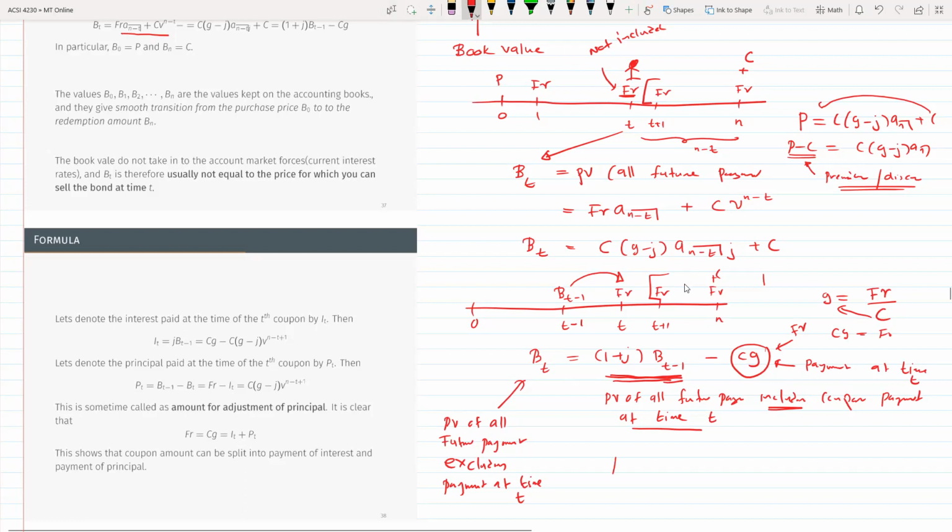In particular, at time 0, B_0 equals P, which is the price paid by the buyer. And then at time n, it is going to be C. So you are only removing the Fr. If I enter this formula at time n, you end up with C. So this is basically the redemption amount.